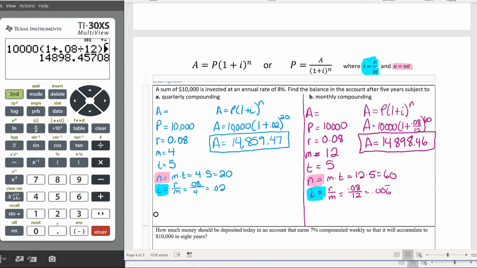When you're in MyMathLab doing the homework, make sure you're paying attention whether you can round it up or round it down. Okay, so comparing the two parts, when you compound quarterly or only 4 times a year, you're getting $14,859. When you're compounding monthly, which is 12 times a year, you're getting $14,898. So it looks like if you compound more frequently, you're going to get more return on your money.